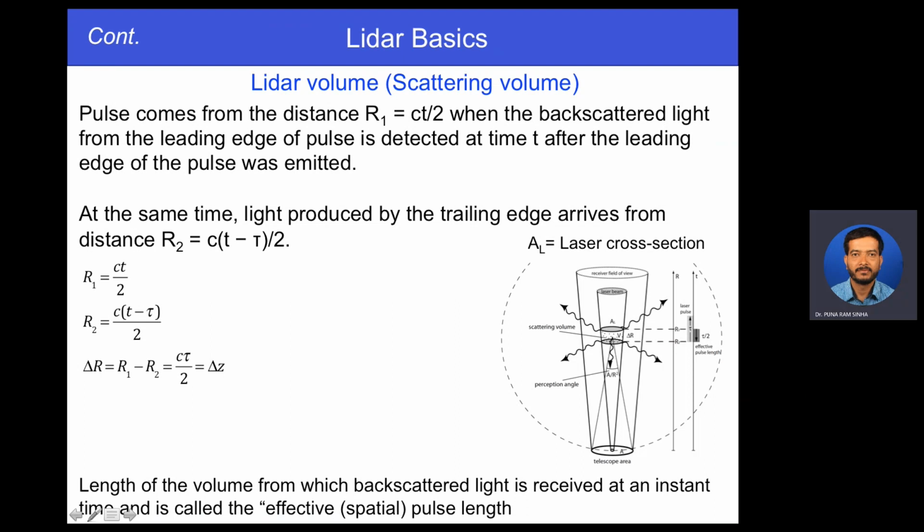So this R1 or Z1 will reach in time t, but the signal from R2 will reach much faster, at t minus tau, where tau is basically the effective pulse length. The difference between these two is expressed over here. It is delta R or delta Z in our equation. This is basically the length of the volume or scattering volume from which the backscattered light is received at any instant of time. It is called the effective pulse length.